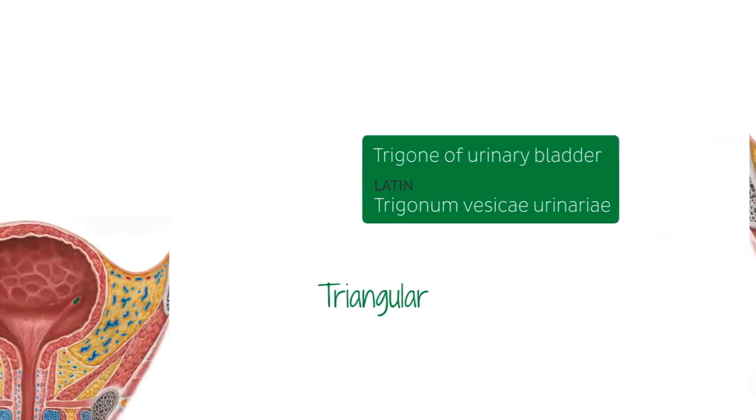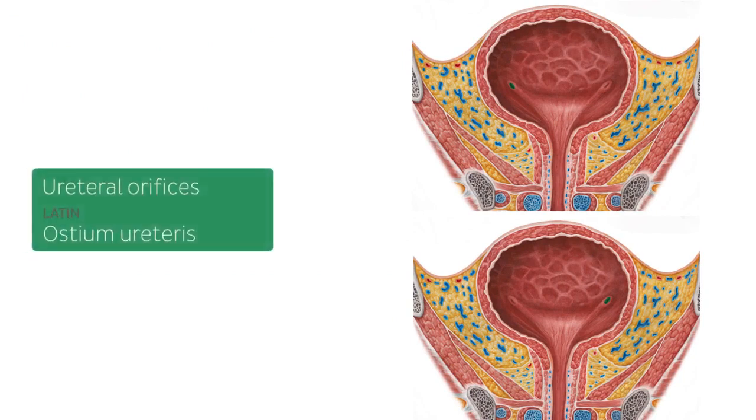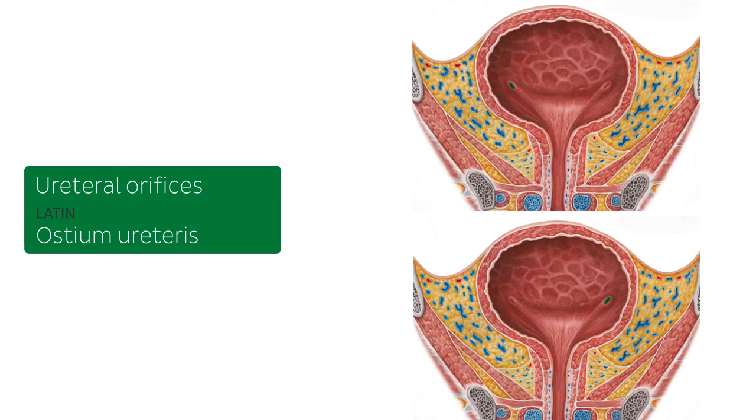The next structures that we're going to be highlighting here on these two images are structures that I talked about before, the ureteric orifices. These are slit-like openings of the left and right ureters on the posterolateral angles of the trigone of your bladder, through which the ureters enter this organ.